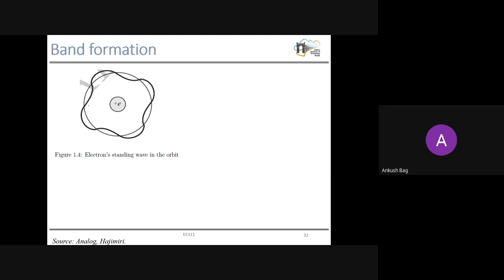So this lambda represents the probability of electron presence, because here we cannot deterministically say where you have this electron.